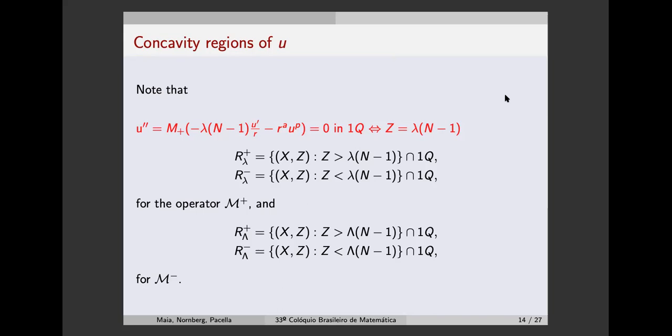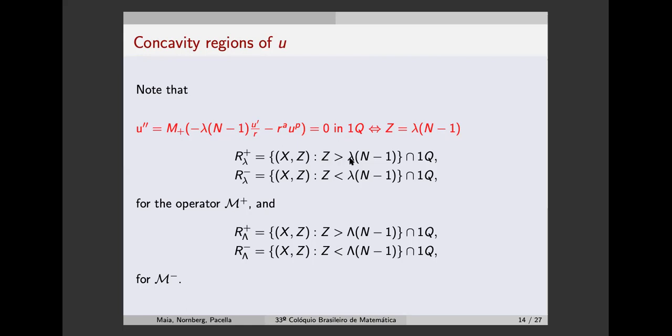Note that the expression we have is u'' given by this expression for Pucci plus. In the first quadrant, this is equal to 0 if and only if what you have inside is 0. When you put the equality, you get that z is the horizontal line lambda n minus 1. So this is where we are going to have a change of concavity.